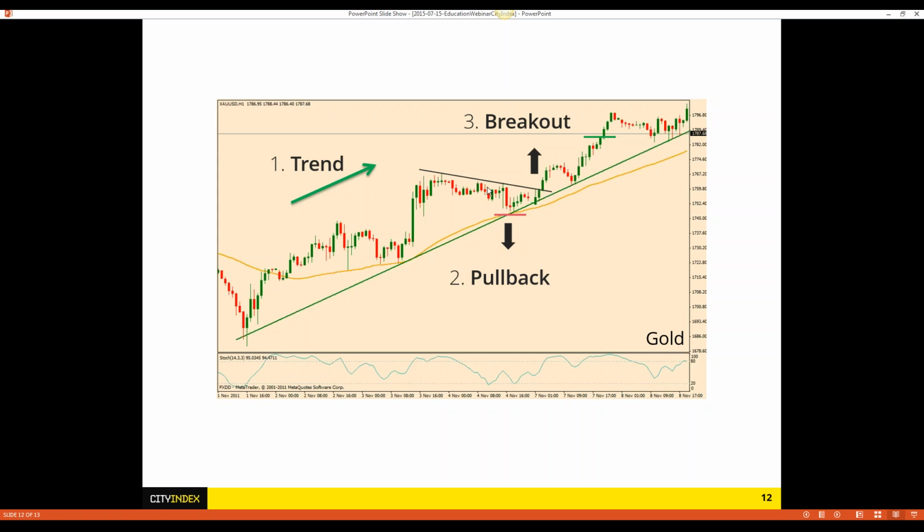I think I've managed to confuse some of you with all of these terms, but basically it is just a trend line that goes against the overall trend. So there you could play a break of that, and you could put that in conjunction with your oscillators, and that is one typical discretionary strategy that I'll often use.